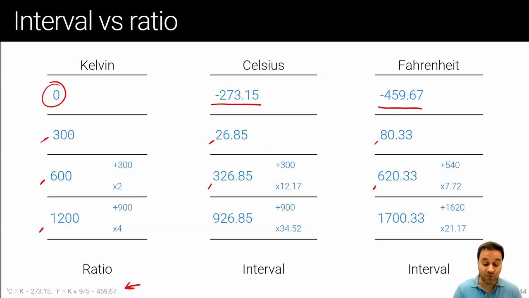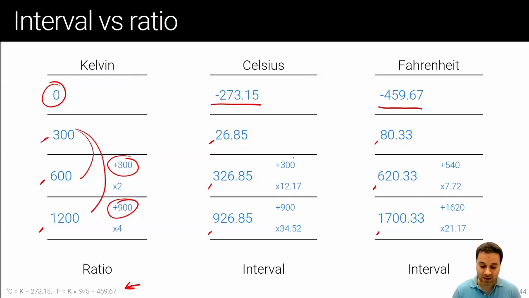1200, which is 4 times as much as 300, corresponds to 927 Celsius and 1700 Fahrenheit. The important point here is that if we look at the distance between those points in the scale, at the magnitude of the differences, then yes, in Kelvin we have plus 300 when we go from 300 to 600, and plus 900 when we go to 1200.